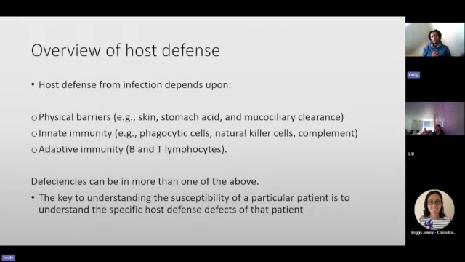Basically, then we have the innate immunity system. That involves the monocytes, the macrophages, the neutrophils. All those have this phagocytic, microbicidal effect. We also have the natural killer cells, the complement system. If you remember, the system that reacts to your infection fast is the innate immunity.